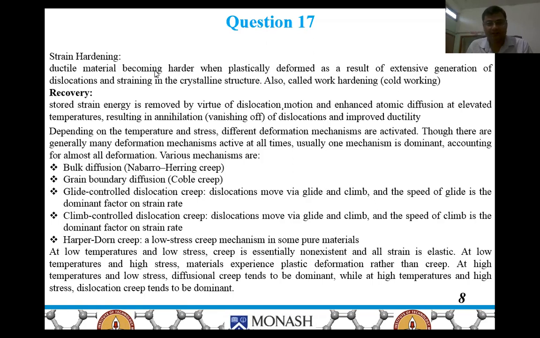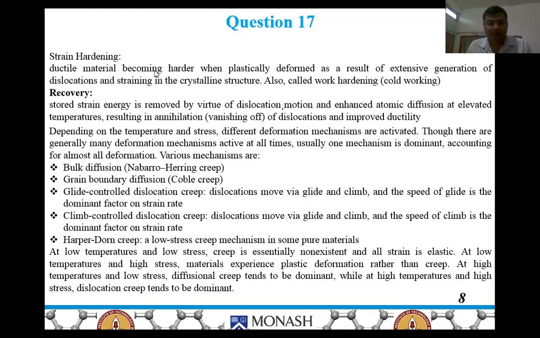Annihilation means positive dislocation and negative dislocation vanish, so there is vanishing of dislocations and improved ductility. Depending on the temperature and stress, different deformation mechanisms are activated, though there are generally many deformation mechanisms active at all times. Usually one mechanism is dominant, accounting for almost all deformation.